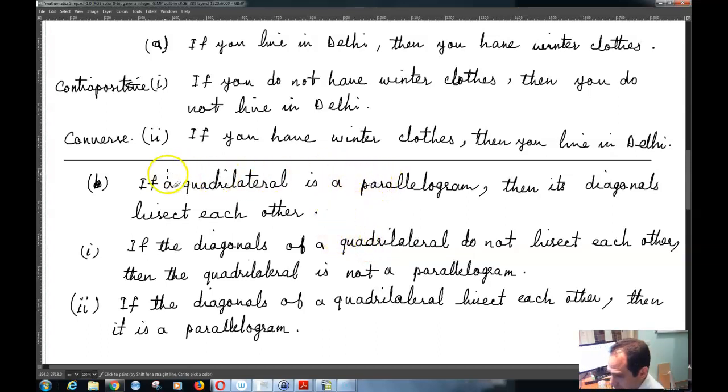Okay, so the statement here is, if a quadrilateral is a parallelogram, then its diagonals bisect each other.